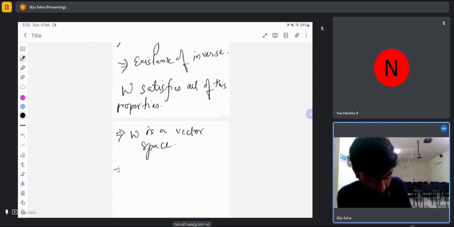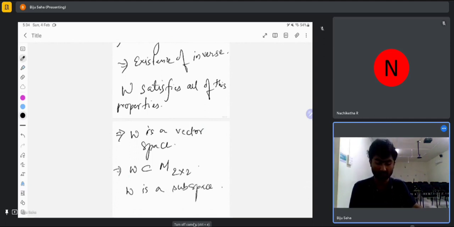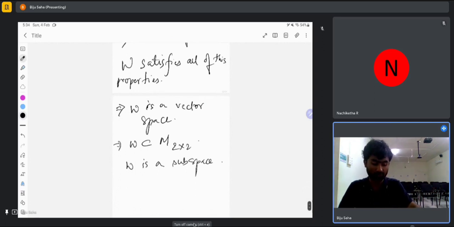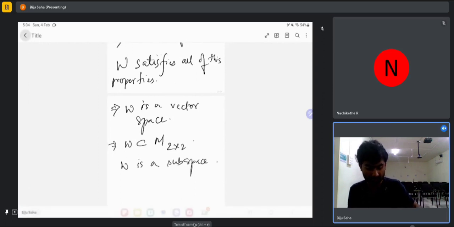And since W is a subset of the 2 cross 2 matrices, W is a subspace too. So that is how you prove whether it's a subspace or not. First of all, you have to establish whether it's a subset of the original set, and after that, you check all four laws of the vector space, and if it satisfies all four, then you conclude that it is a subspace of the original vector space.